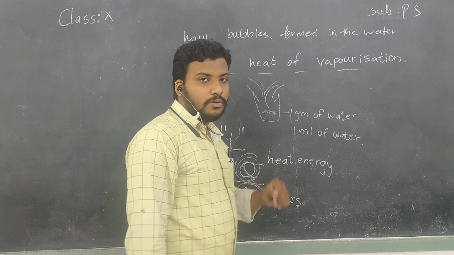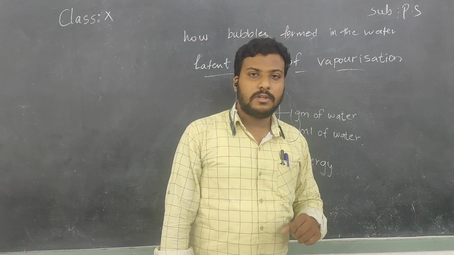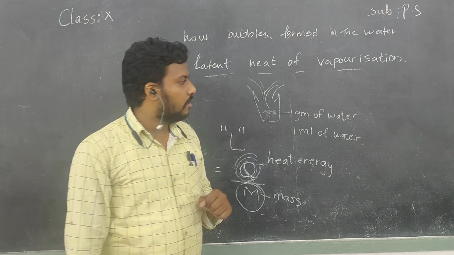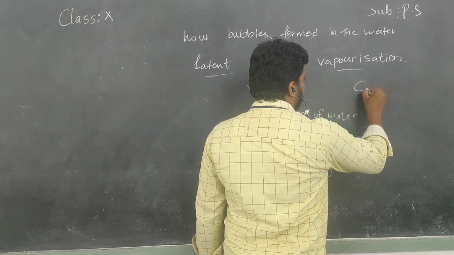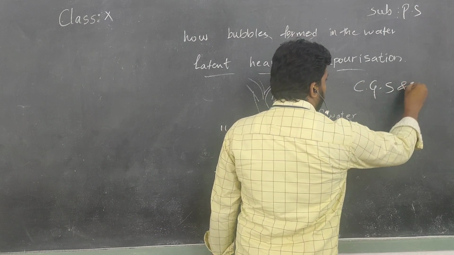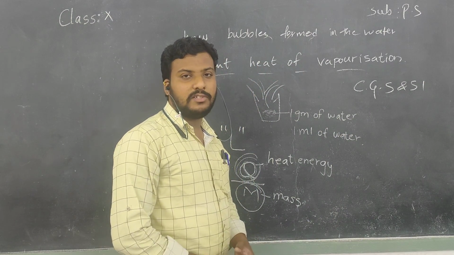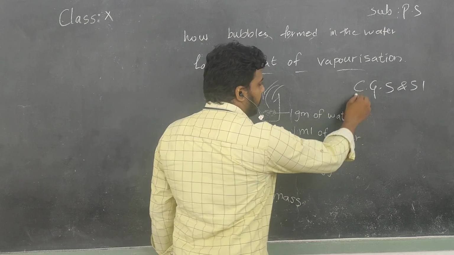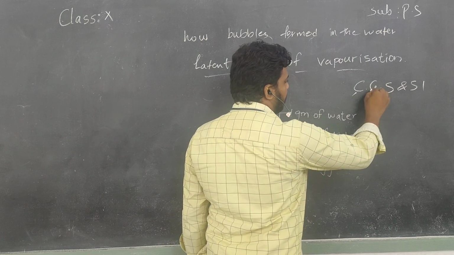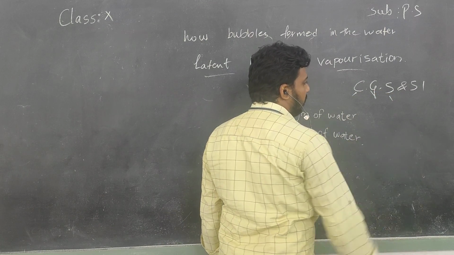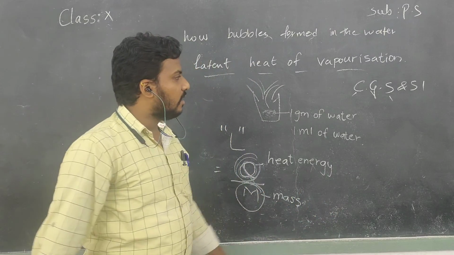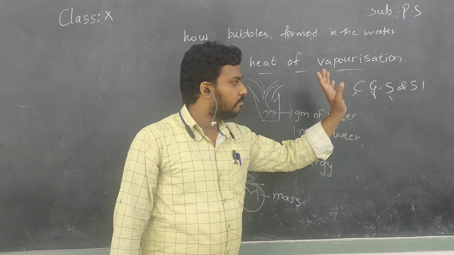And you should also know the units of latent heat of vaporization. So there are CGS units and SI units. CGS unit is a measurement, children. C means centimeter, G means grams, S means second, and SI means, you know that, international standards.